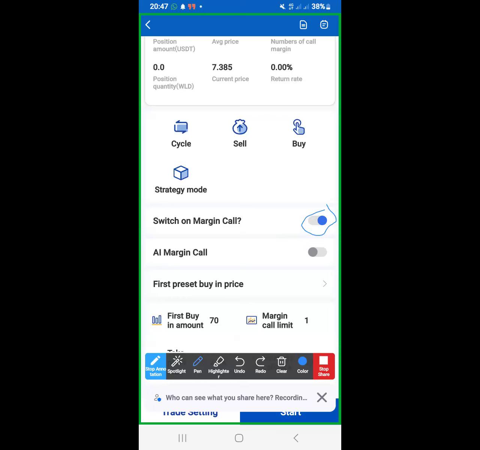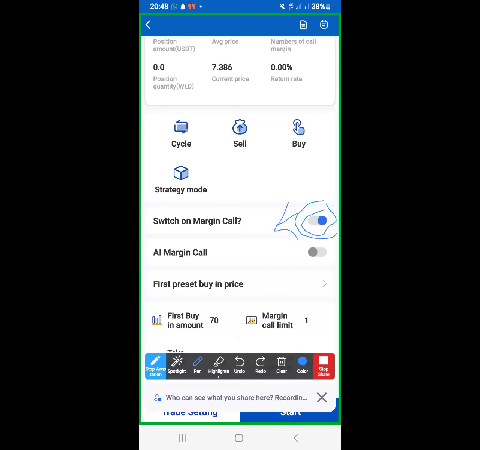So meaning, if there's any need for adjustment, and maybe you wanted it to use a smaller figure than the one you had put as your first buying amount, then you have to come and open it, and then the robot will buy. But if you don't open it, even if you reduce the figure to something that can be accommodated within the range, the robot still is not going to buy, because the instruction is telling it not to buy since it is off.